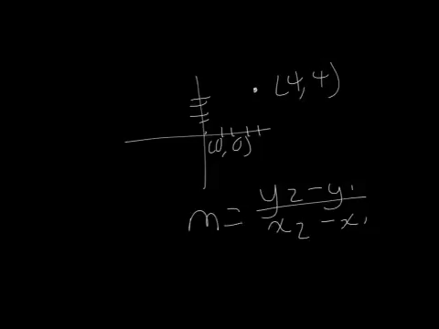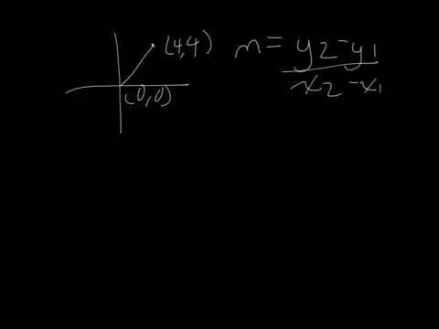So the slope of the line connecting these points is going to be found by using our formula m equal y2 minus y1 over x2 minus x1. So in order to find the slope of this line, I'm going to look at my two coordinates. So I'm going to rewrite them here as 0, 0 and 4, 4.